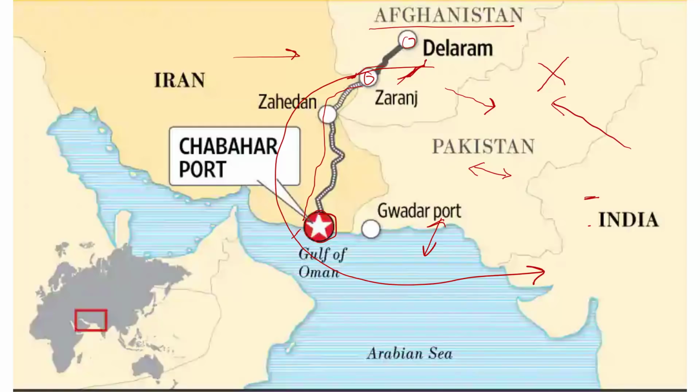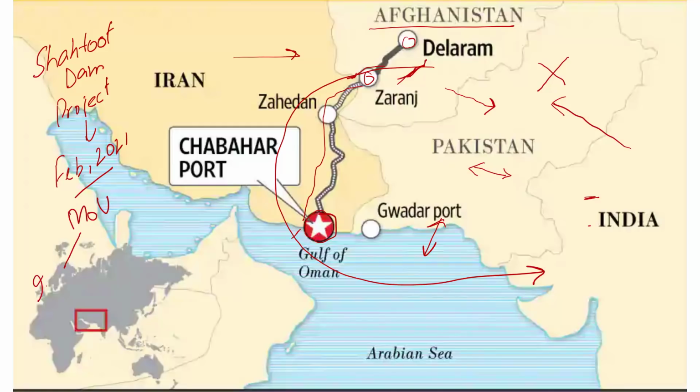Again, there is something else. The Shahtut Dam Project. In February 2021, a memorandum of understanding was signed between India and Afghanistan. Because of this memorandum of understanding, India will be responsible for and will aid the construction of the Shahtut Dam project.